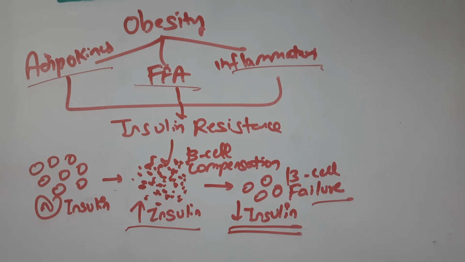In insulin resistance, I told you about NEFA, adipokines, inflammation, and PPAR gamma mutation. Then in beta cell dysfunction, I told you there is an intrinsic predisposition for beta cell failure, and also amyloid deposition in the pancreatic islet cells in long-standing diabetes mellitus, and the amyloid is cytotoxic to the islets.